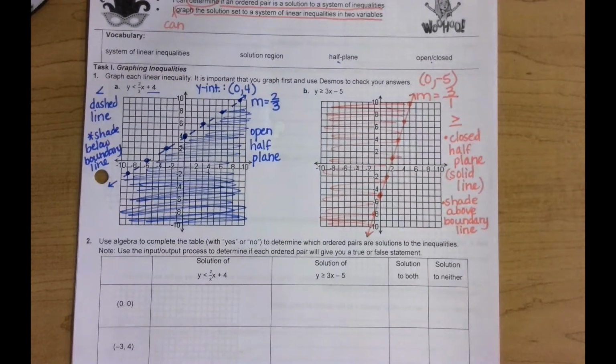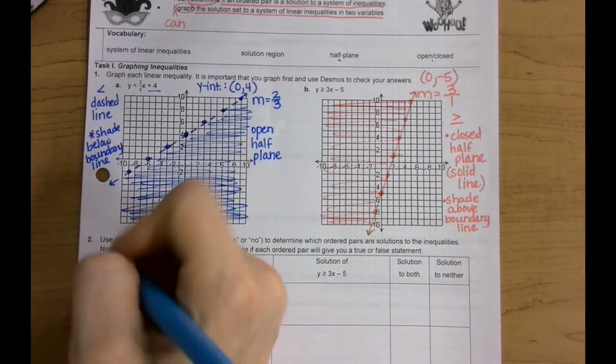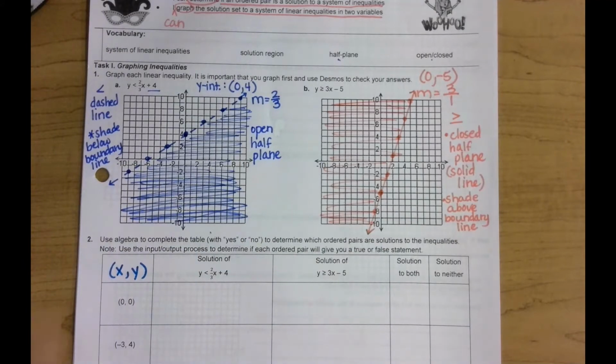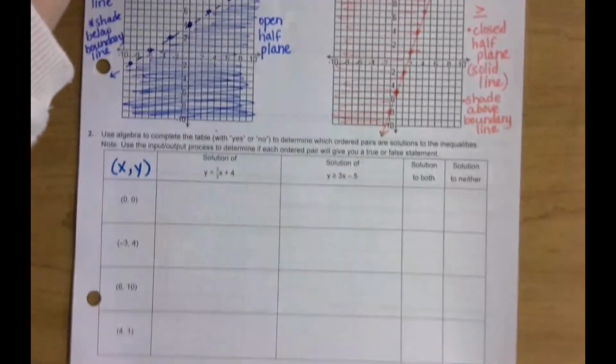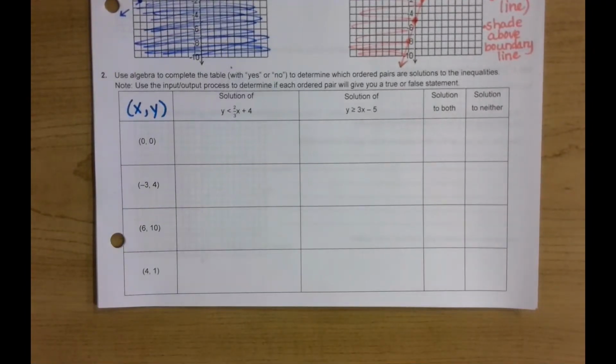So these are the ordered pairs given, and we want to check if each is a solution to the inequality. So we have x and y values here. Let me do the first one to review this, and then I'm going to have you pause the video and do it.